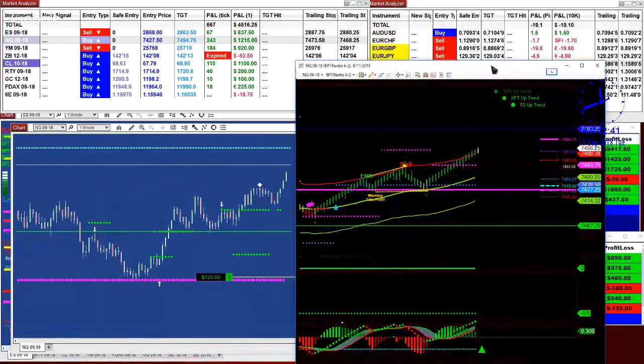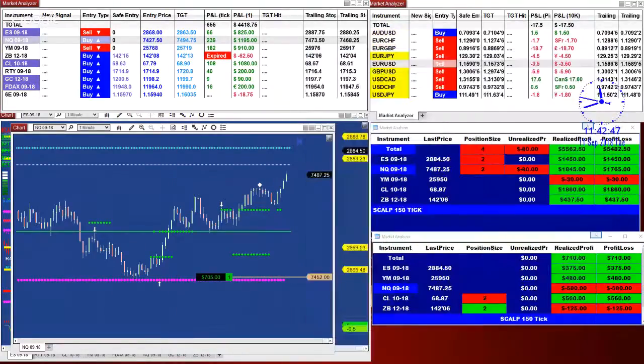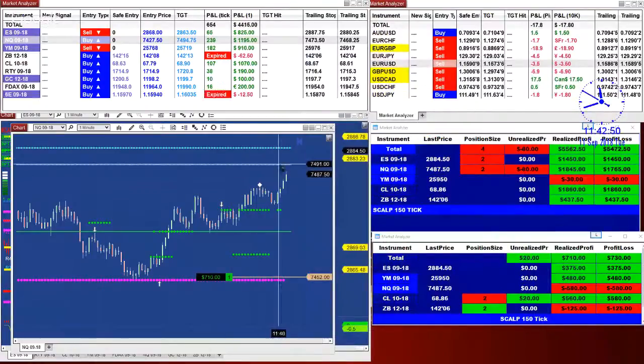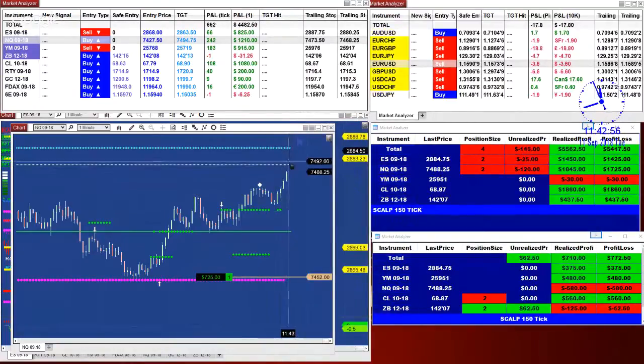If we are looking at the Nasdaq, we are coming out of the band at 93.25, and now what we need to do is close the open position.